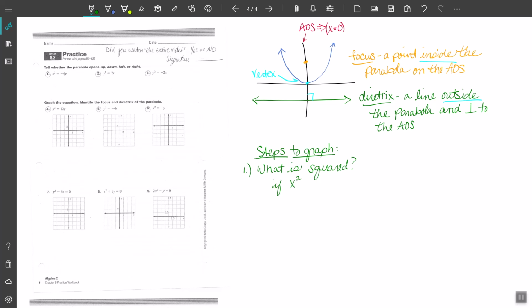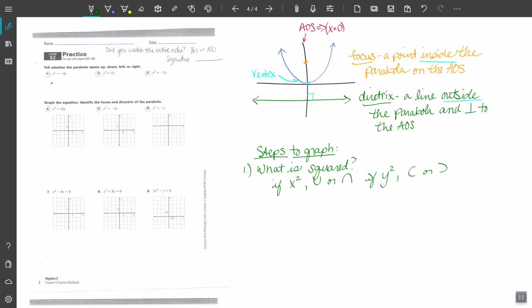If it's x squared, which is what we have been dealing with in the past, that's our quadratics we used in chapter 4. If it's x squared, then it's going to open either up or down. If it's y squared, then we know it's going to open left or right. Okay, so that's the first thing we want to do.